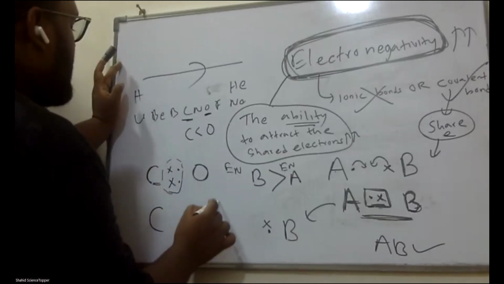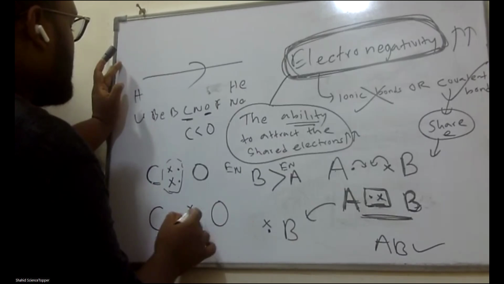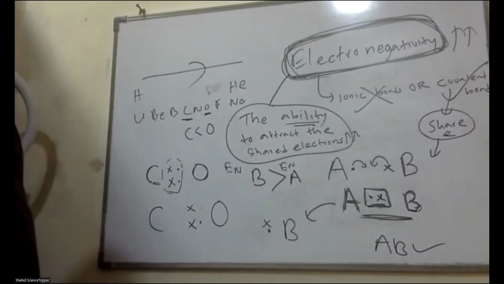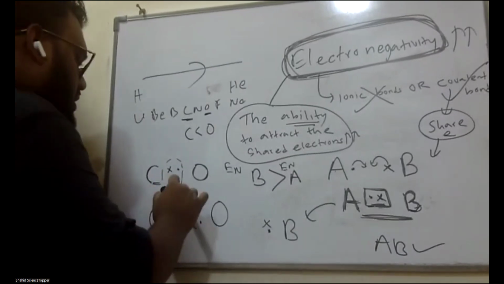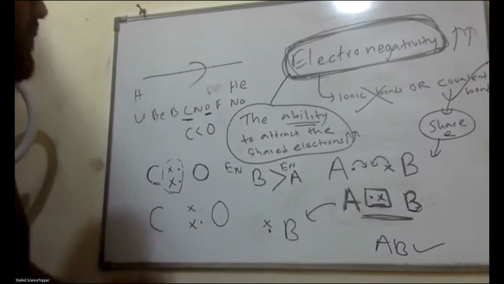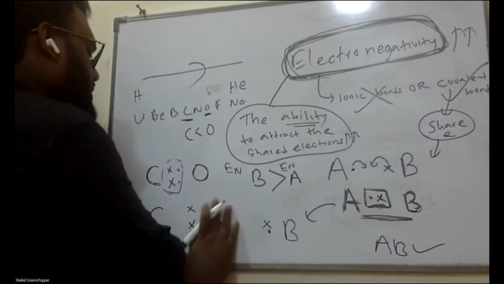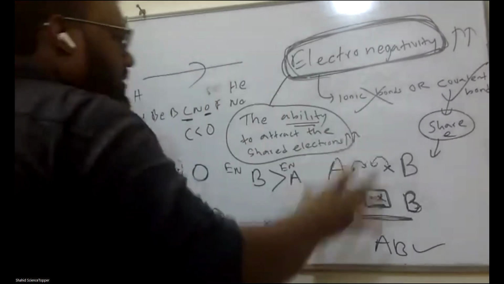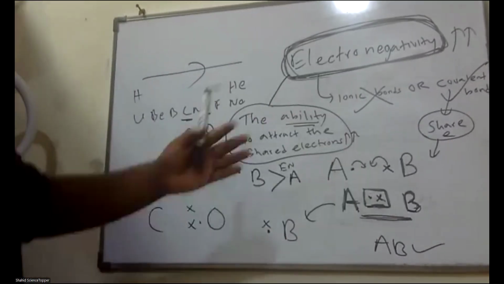So when we are drawing the shared electrons, it should be drawn near to who? Near to oxygen, not in the middle or near the carbon. It has to be close to oxygen. So these are the basic things you need to know about electronegativity.